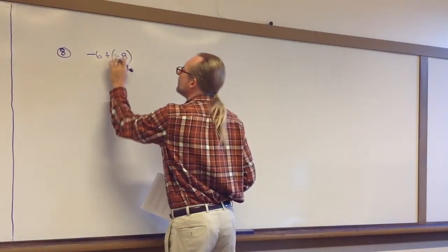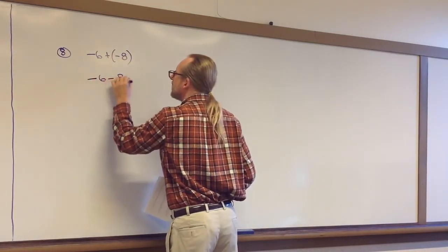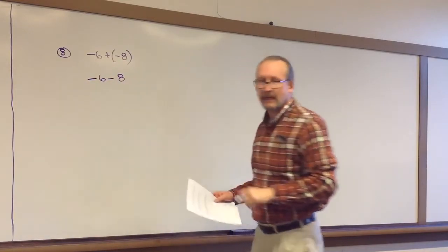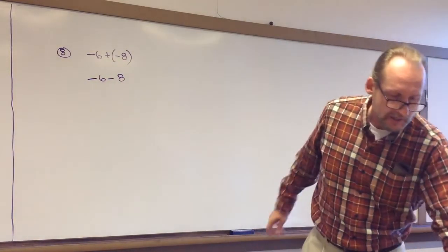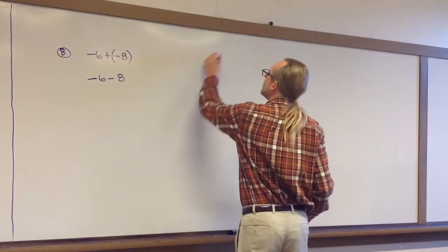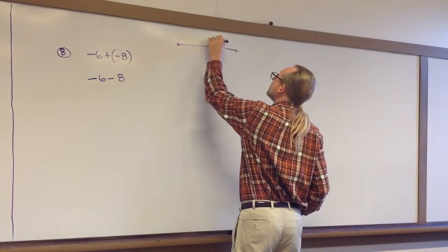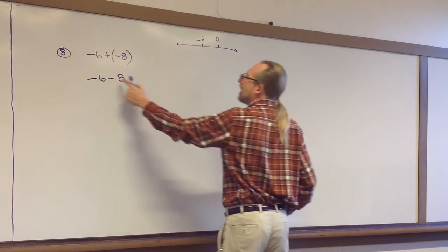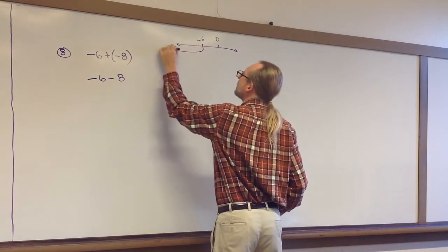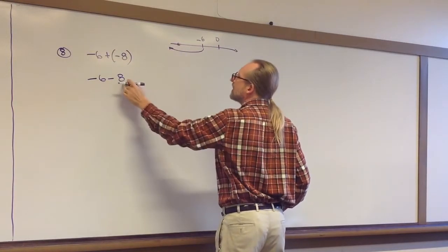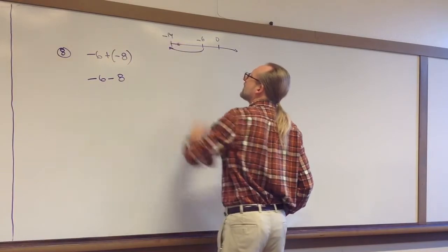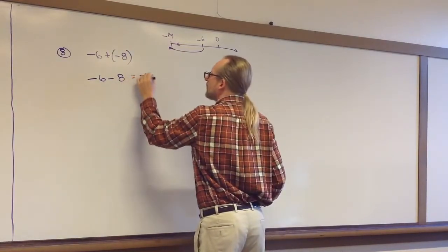So remember that when you add a negative, that's the same as subtraction. Okay? And you can do this yourself. You can use the calculator. If you're at -6 on your number line, this minus sign takes you further out into the negative numbers, another 8 places, and that'll leave you at -14.